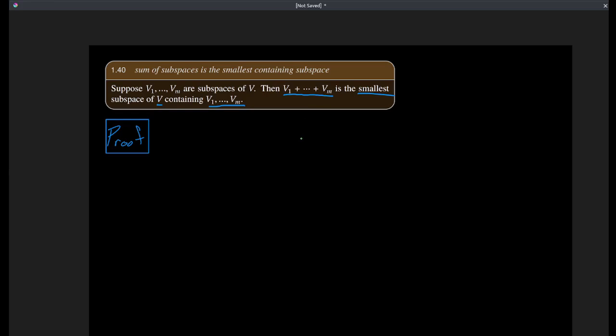An easy way to visualize this is that if you have your big V, and you've got V1, V2, V3, then the smallest subspace containing all of them is like the tightest little envelope around all of these. This is V1 plus V2 plus V3.